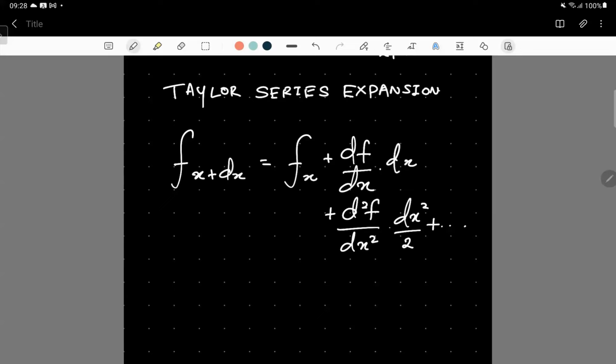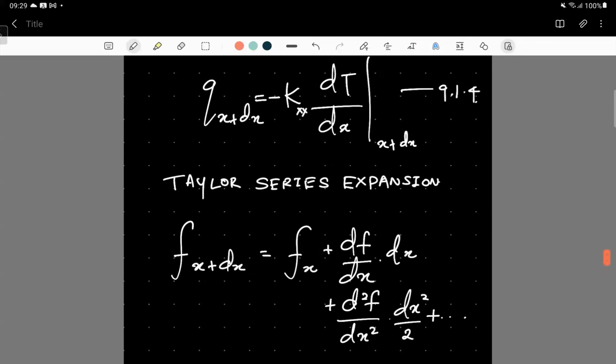There can be n number of terms depending on how you would like to discretize the function, using the function f, of course, evaluated at x. There will be different contributions, and the more contributions you use, the more accurate the results will be. In this case, for simplicity and to get a decent accuracy, let's consider the first two terms of the Taylor series expansion and write down a relation for qx plus dx.